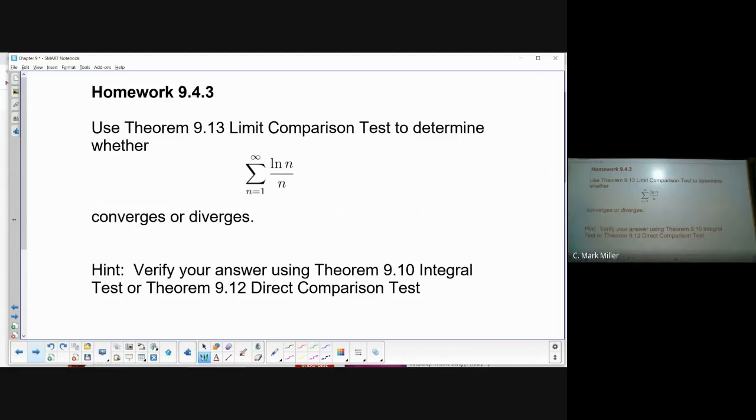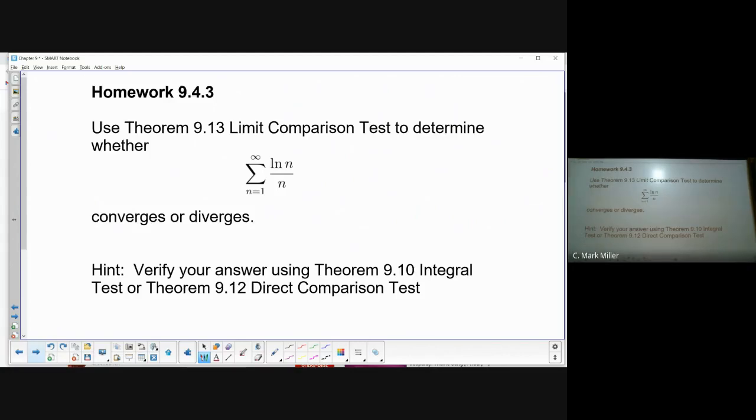So apply one of these to be sure your conclusion from Theorem 9.13 is correct. So what you're going to do on this one, you're going to find another series whose convergence you know, and you're going to take the limit as n goes to infinity.